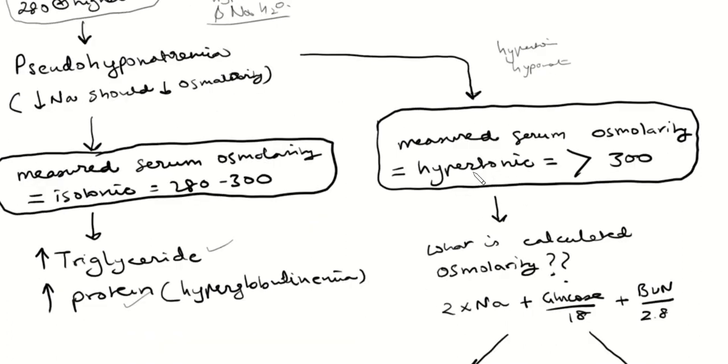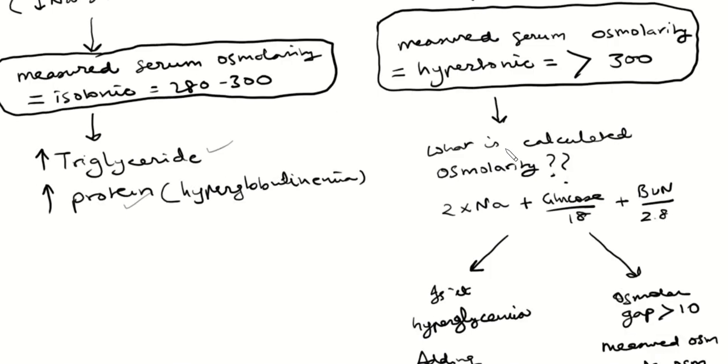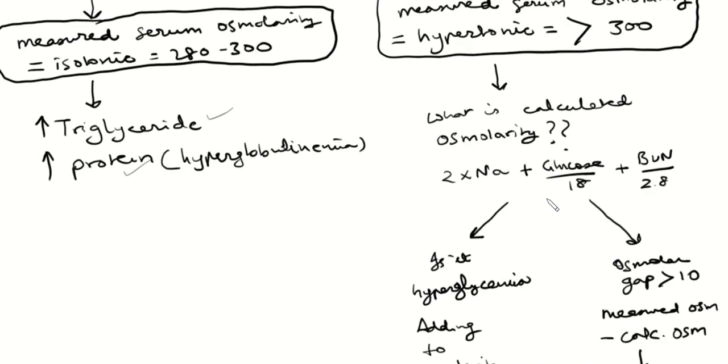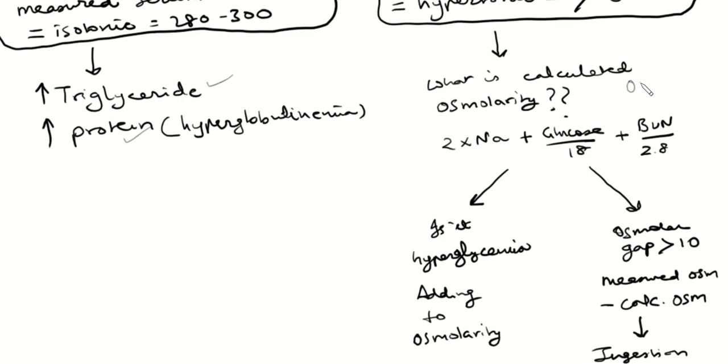But usually the issue is that there's something else other than sodium which is causing increases in osmolarity. Okay, so remember we talked about osmolar gap being a gap between measured and calculated osmolarity and usually associated with ingestion.